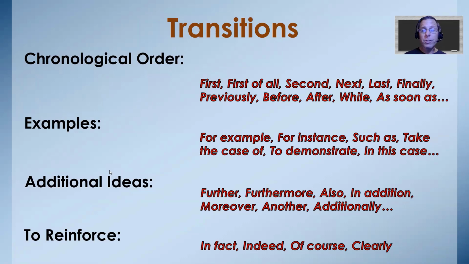They can be words or phrases for adding additional ideas: further, furthermore, in addition, moreover. And finally, we can have words or phrases that reinforce a particular opinion or statement: in fact, indeed, of course, or clearly.